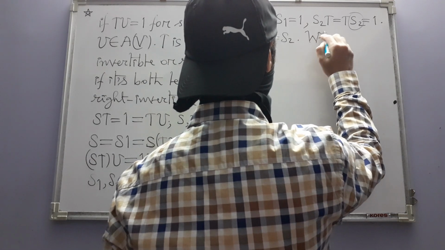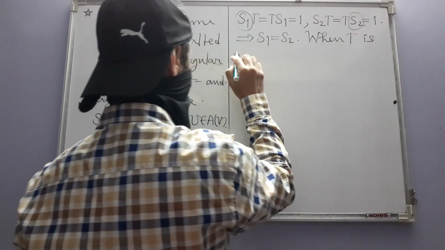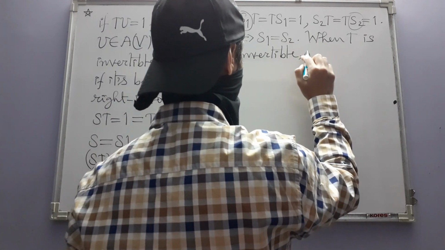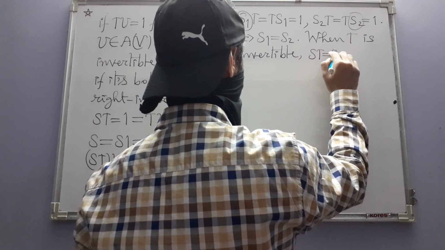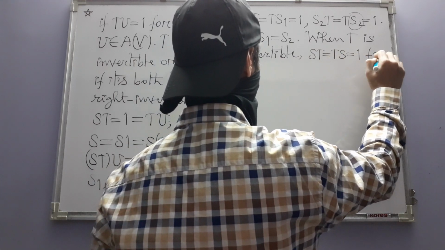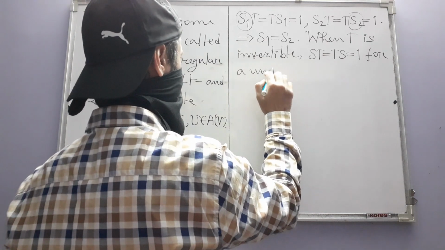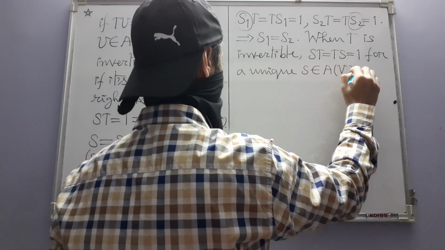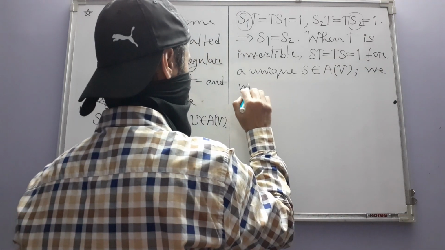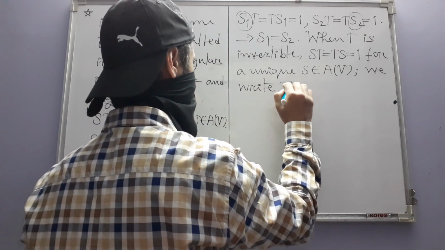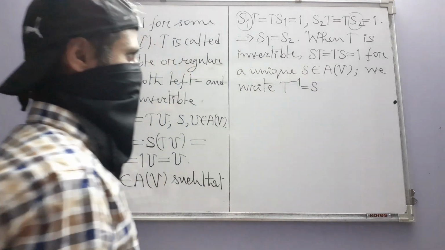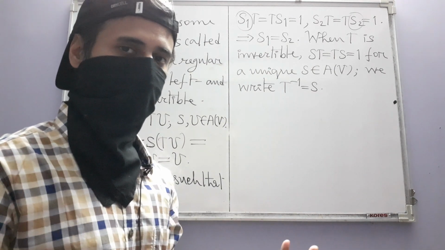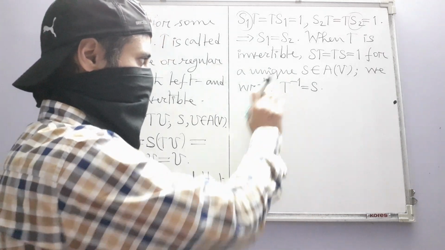When T is invertible, ST is equal to TS is equal to 1 for a unique S in A of V. We write this S as T inverse and also call it the inverse of T, although this has not really been written in the text, only the symbol is given.